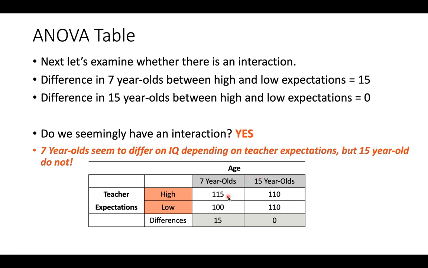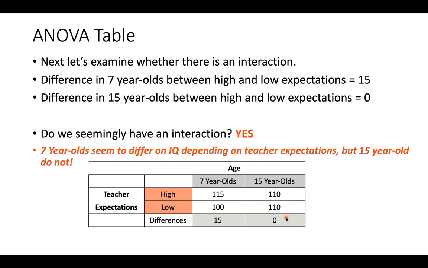But it does matter for 7-year-olds. 7-year-olds who have high expectations from their teacher achieve a high IQ. They are much higher than the 7-year-olds whose teachers have low expectations of them, who have a 100 IQ. So it looks like expectations matter for 7-year-olds, but teacher expectations do not matter for 15-year-olds.